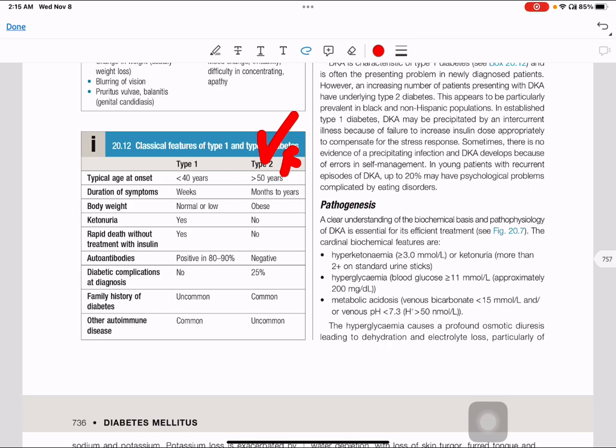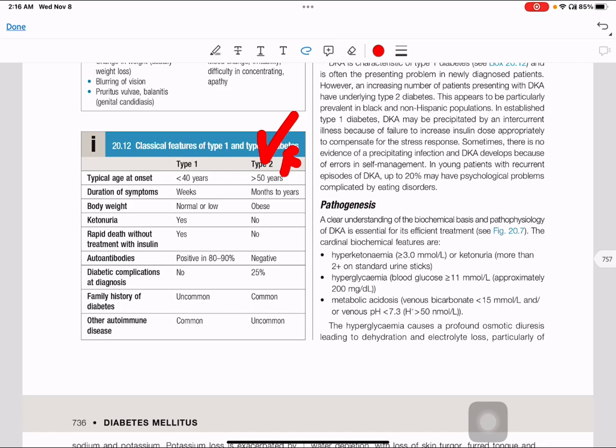Rather, they present with tiredness, weakness, sometimes associated infection and complications like diabetic retinopathy, neuropathy, nephropathy, and features of those complications. The progression and presentation is insidious, and they are usually obese with a sedentary lifestyle.